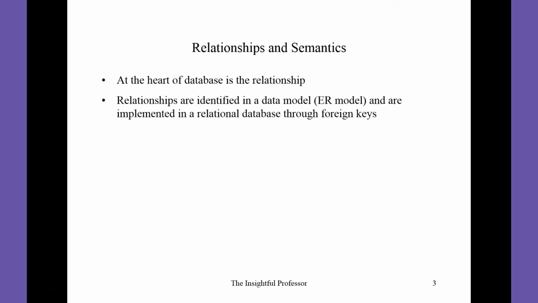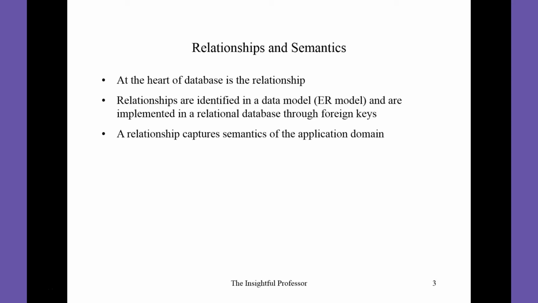Essential to a database is the capturing of relationships. These relationships have been identified as we understood the application domain and recorded in the data model, the ER model. They've then been implemented within a relational database by defining foreign keys.